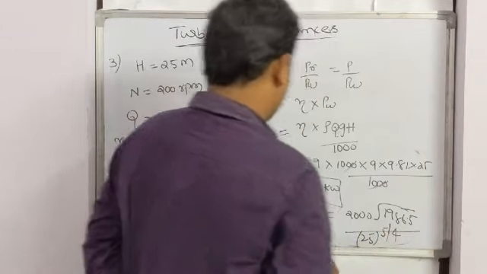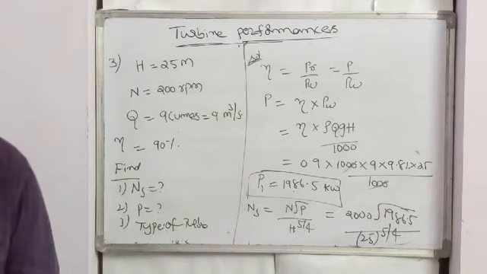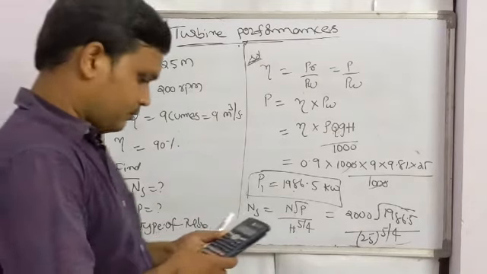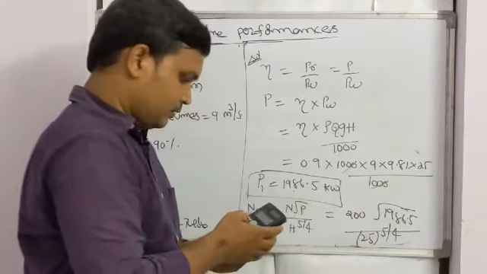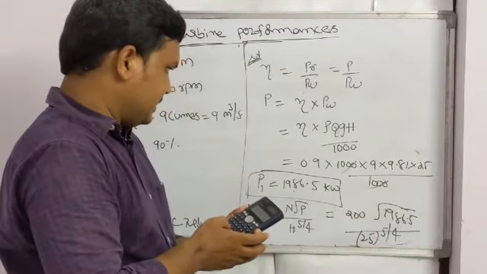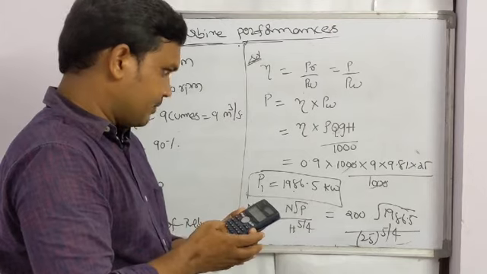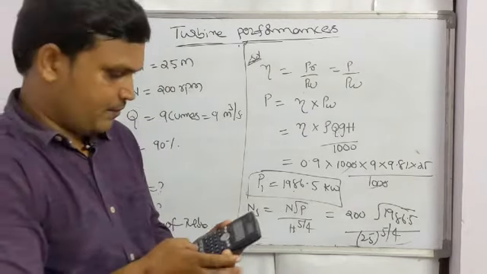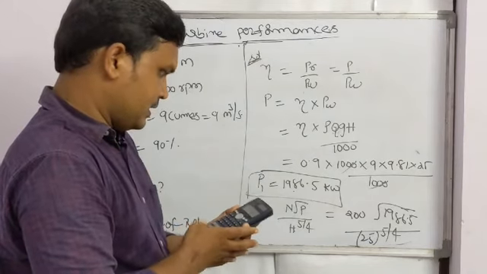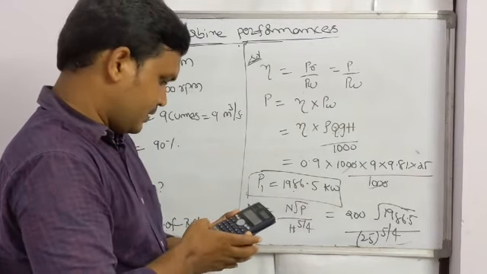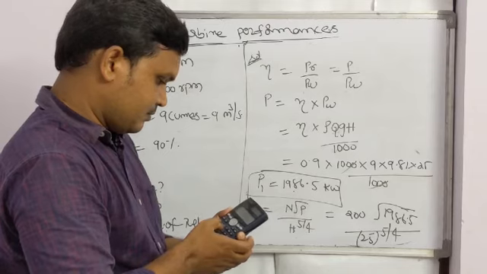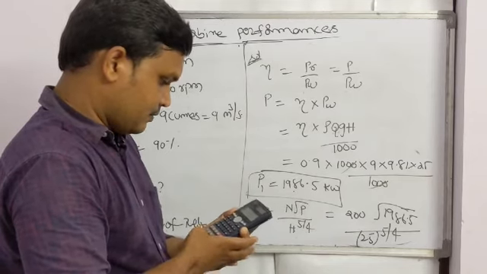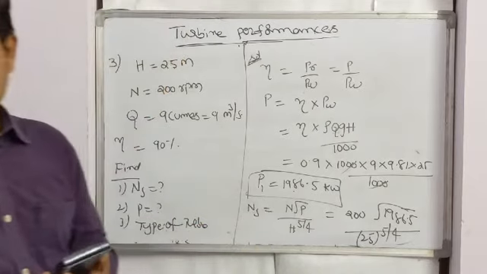By substituting all of this, we get around 159.